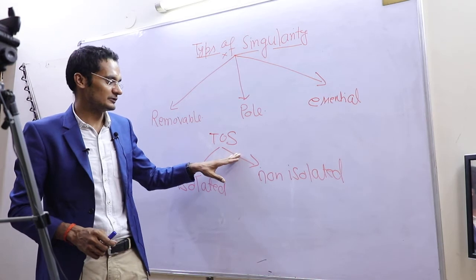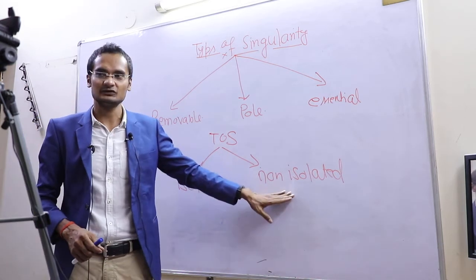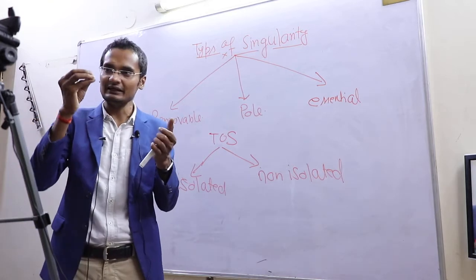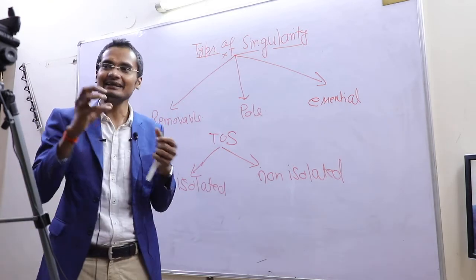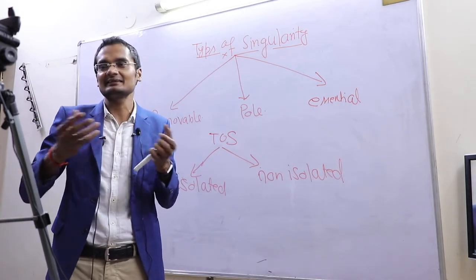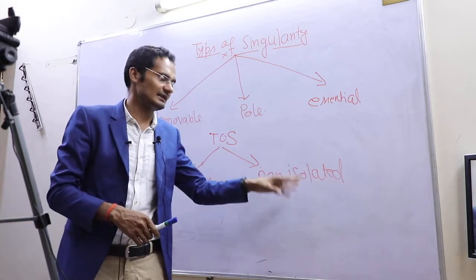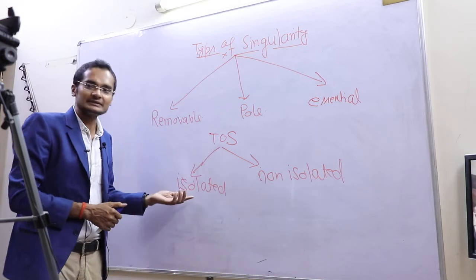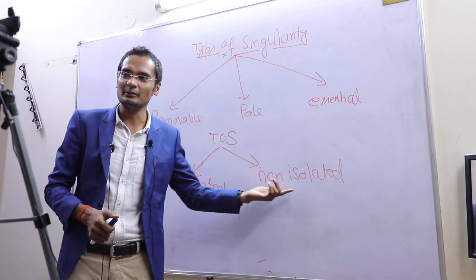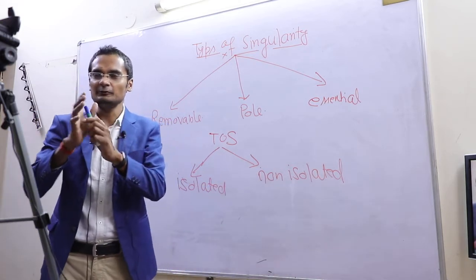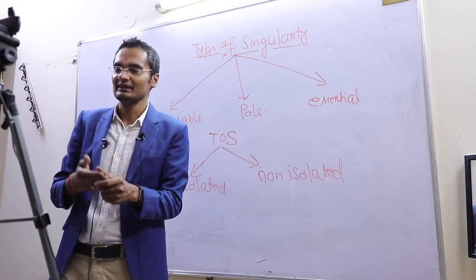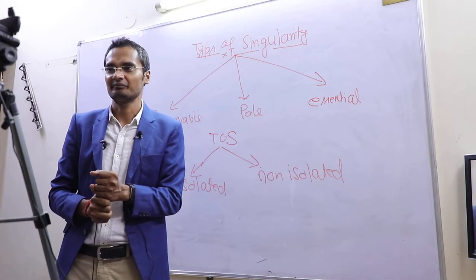So, the types of singularity are isolated and non isolated. Isolated means if we can lock a singularity in a disk, that is isolated, otherwise it is non isolated. This is a very basic idea: if you can separate the singularity from other singularities, then it is an isolated singularity.